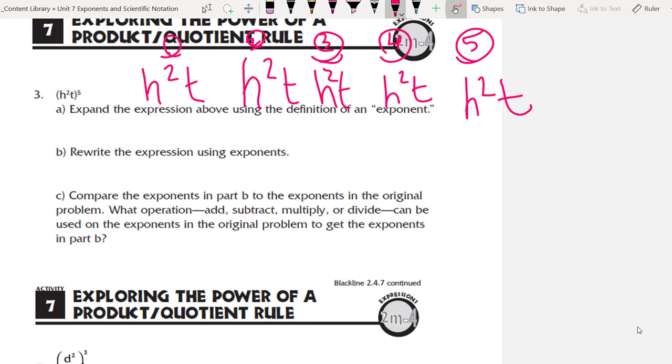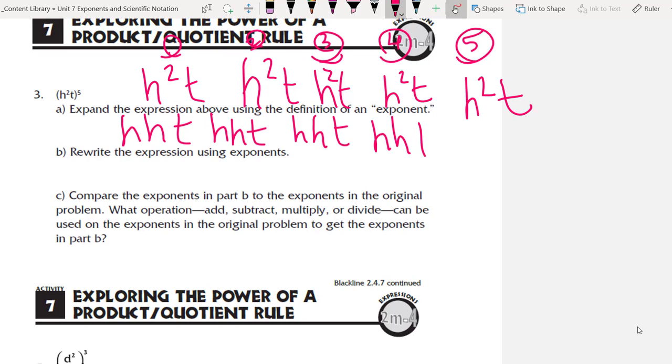Alright, if I expand it even further, H times H, T 5 times, and then if I put it all together, how many H's do I have? 1, 2, 3, up to 8, 9, 10. So H to the 10th. Then how many T's do I have?